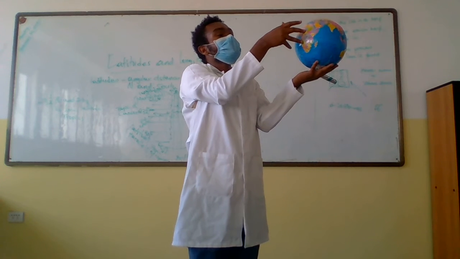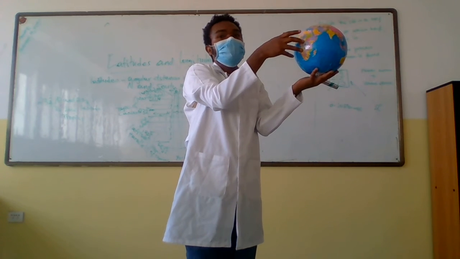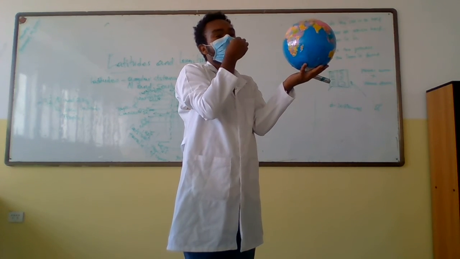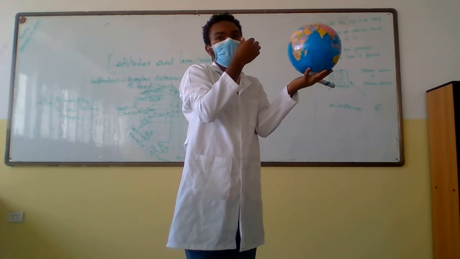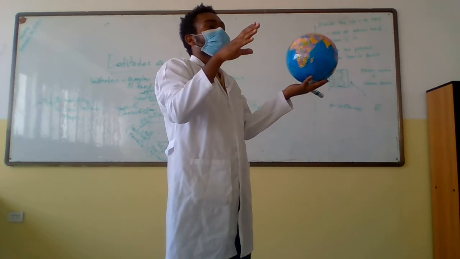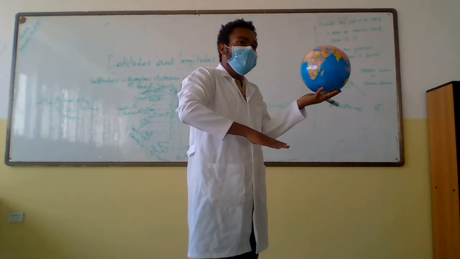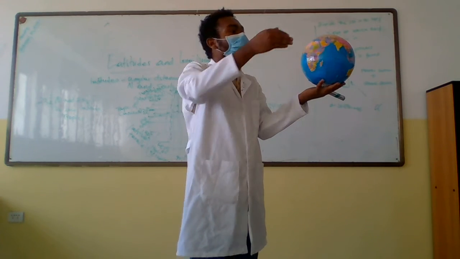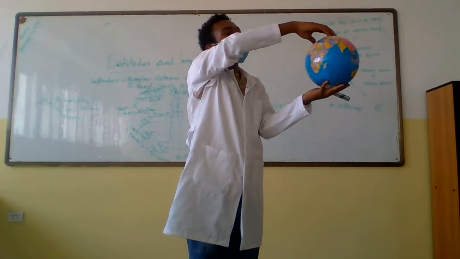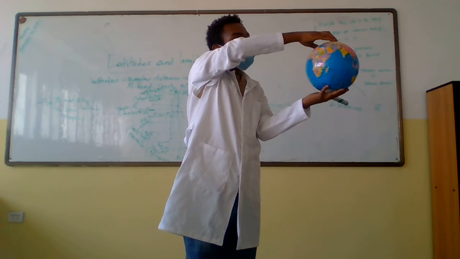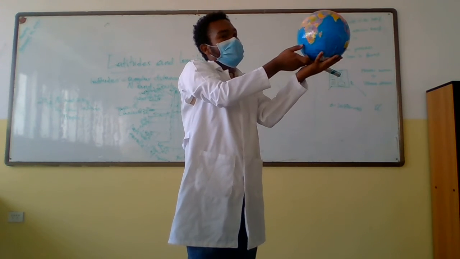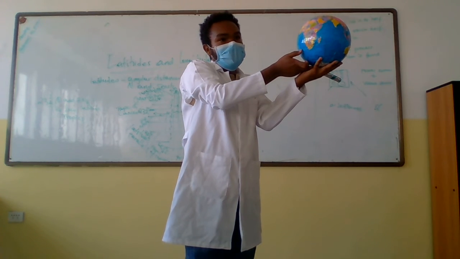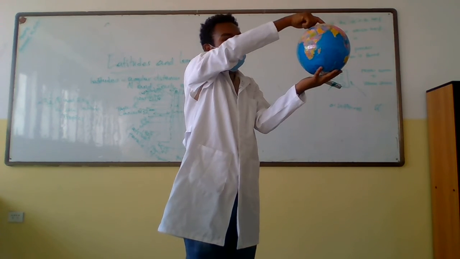What makes this place spectacular is that there is overhead sun throughout the year. It means that it's almost 12-hour daytime and 12-hour nighttime. When we go to the pole, sometimes it's 6 months dark and 6 months daytime, just at the pole.